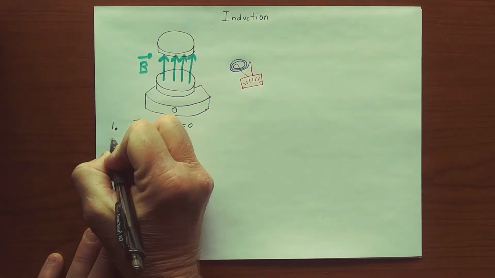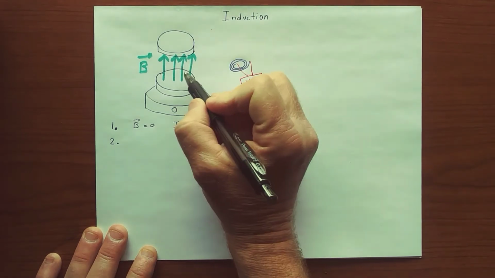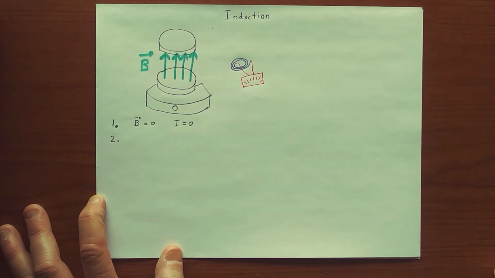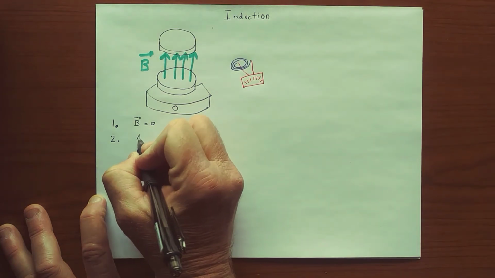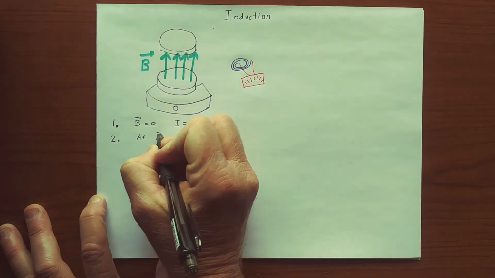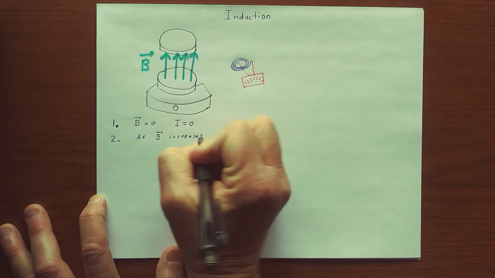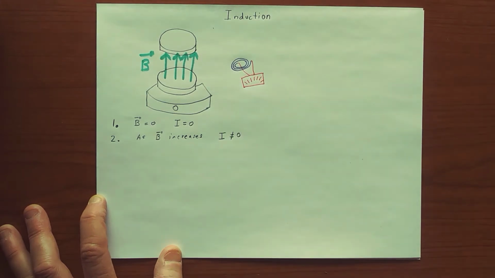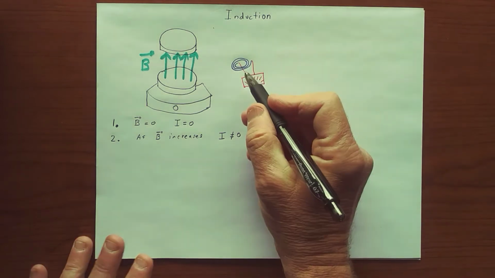So now let's take the conducting coil and put it into this region and turn the magnetic field on. And what we notice is that as B increases, there's a non-zero current registered going through the coil.